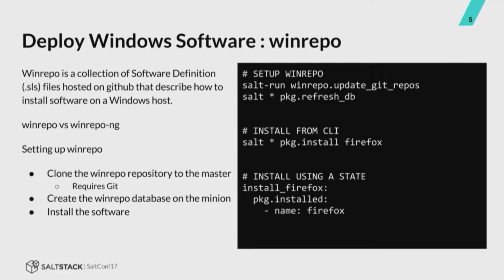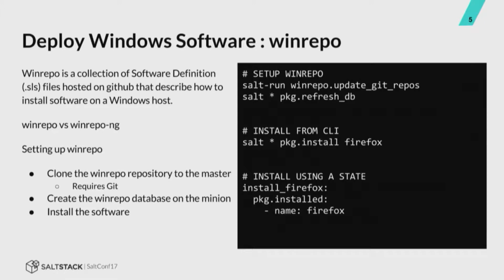And after you've done that, then you run on all the minions that you want to use WinRepo a pkg.refresh_db. That's the equivalent of doing, I think, a yum update or something. So we'll update the local repo from yum repositories or whatever, or apt. Okay? And then once you've done that, all those software definition files are available, and you can install Firefox and Chrome, and you can install anything that's been configured.